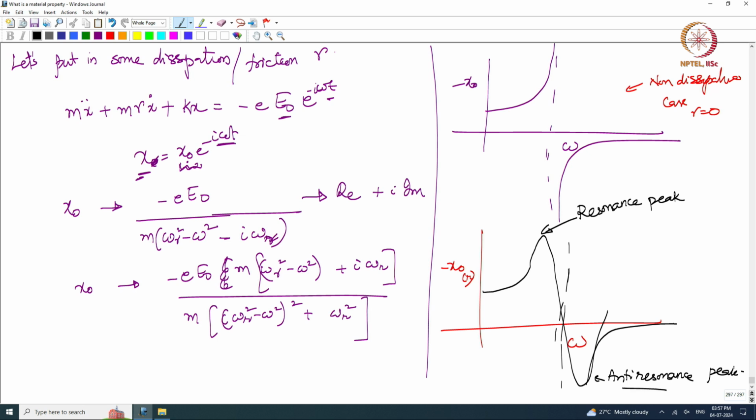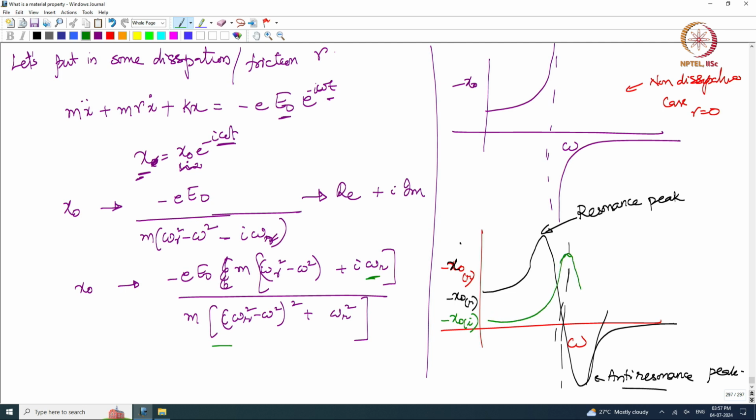Then, what about the imaginary part? I will just say x naught real is in black. Now, there is an x naught imaginary part that tells me the loss, the resistance component or the conductance component that dissipates energy. You can actually see from this formula, that is omega r divided by this entire thing, that will give you a peak at omega r again.